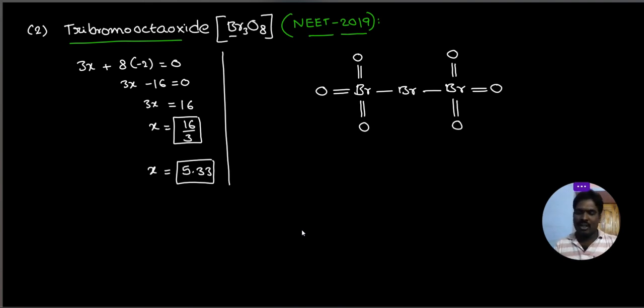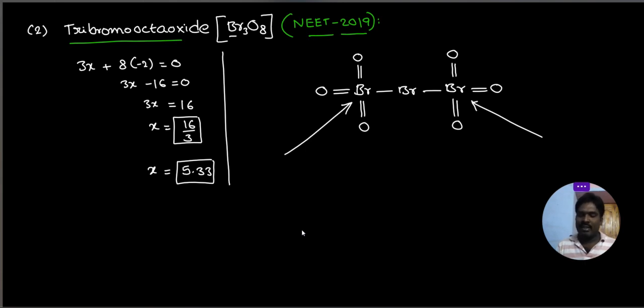Among the 8, 6 oxygen atoms we can write like this. Now this bromine: around the bromine, how many covalent bonds are there? 7 covalent bonds. You know bromine is group number 17 or 7A, so 7 valence electrons. So bromine can form a maximum of 7 covalent bonds.